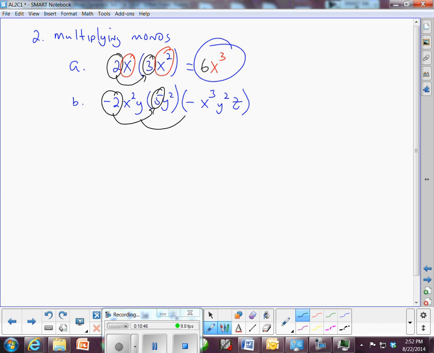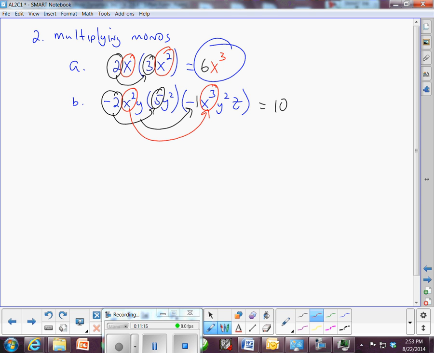Now be careful here, because it's not shown, but this is really a negative 1 x cubed y squared z. So we now have a negative 10 because of the negative 2 times 5. Negative 10 times a negative 1 is a positive 10. Okay, numbers are done. Let's get to our variables. I've got an x squared here. No x's in the second term. I go to the x's in the third term.